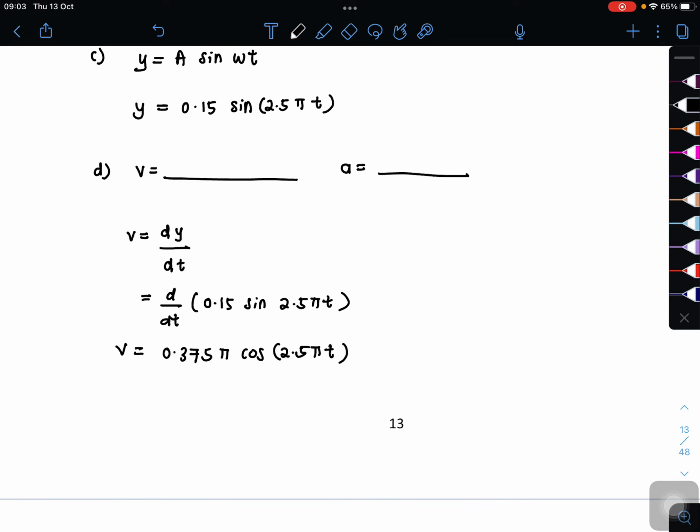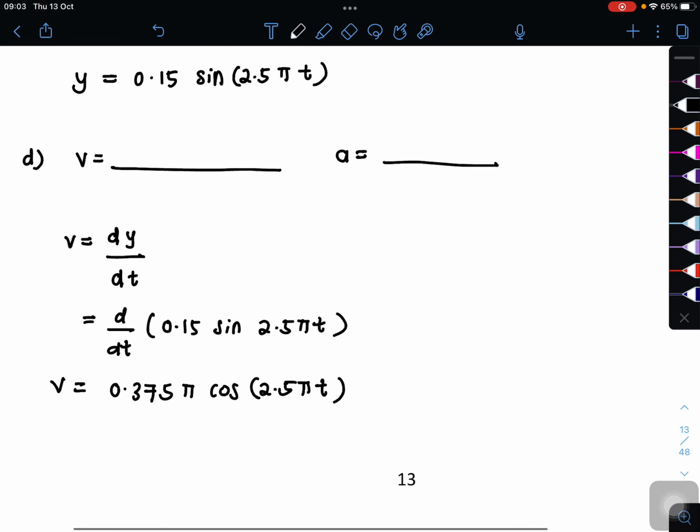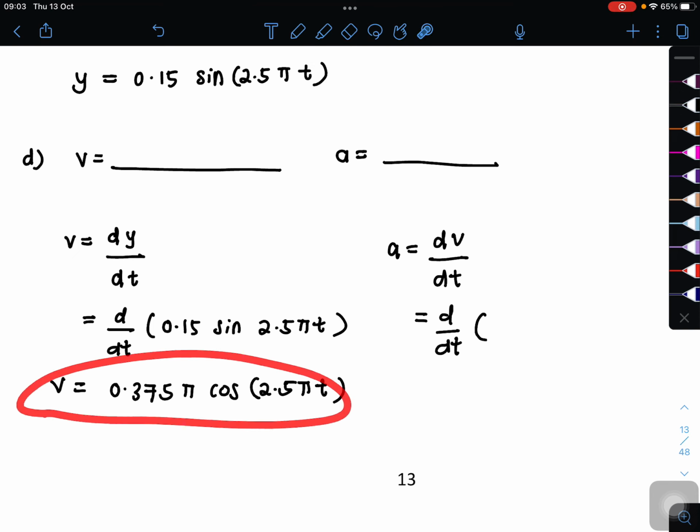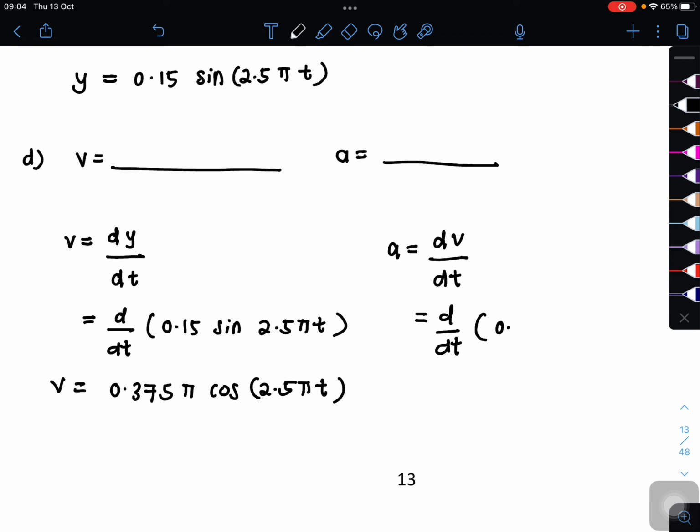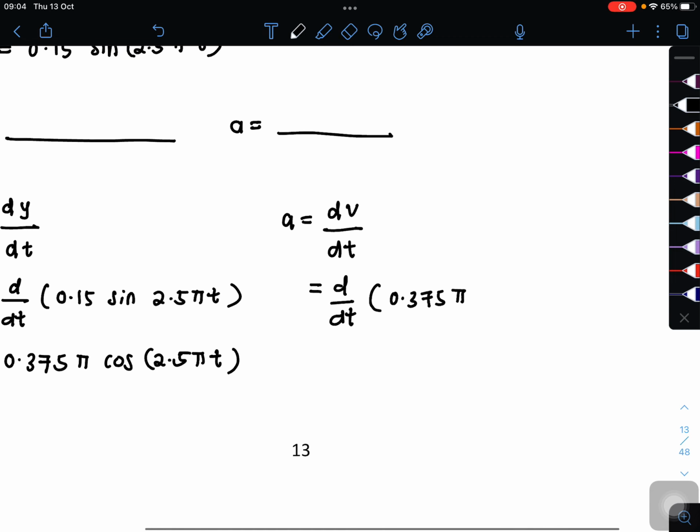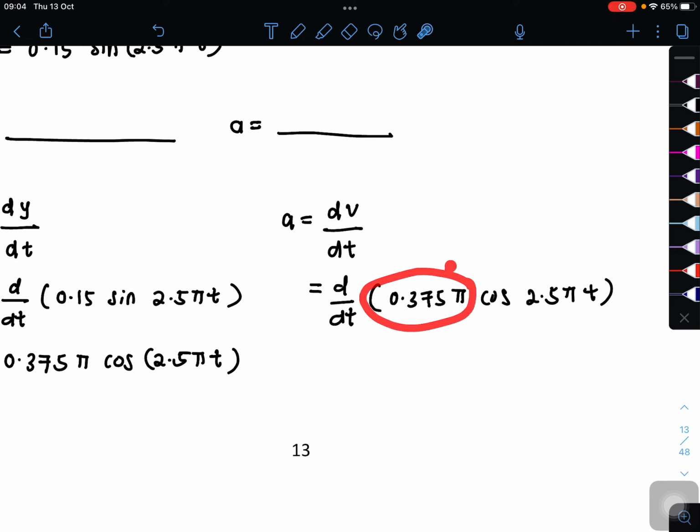Okay, next one, we want to find the acceleration. So for acceleration, we need to differentiate the equation for velocity, d over dt. The velocity equation is this one, 0.375 pi cos 2.5 pi t. So differentiating this with omega, we will get 0.9375 pi squared.